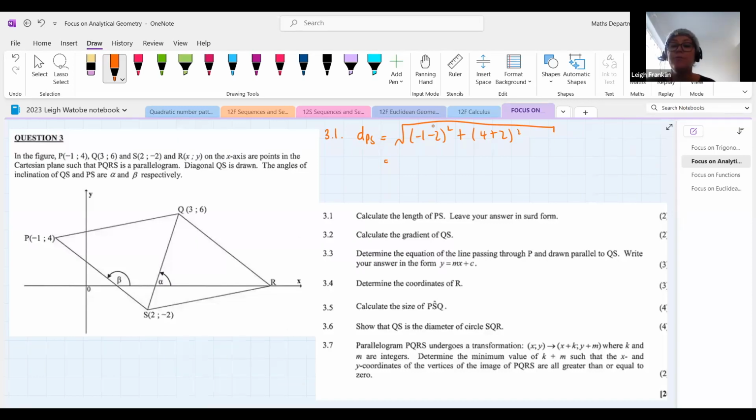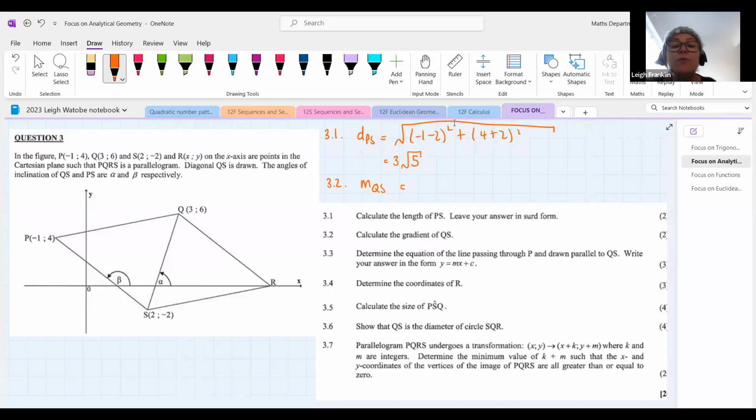Are you getting 3√5? Oh, good. Okay. All right. Then the next thing that they want us to do, good stuff. Nice. All right, everybody. Okay, then the next thing that they want us to do is the gradient of QS.